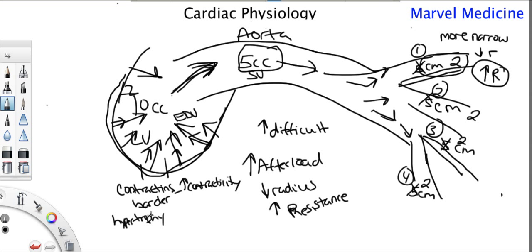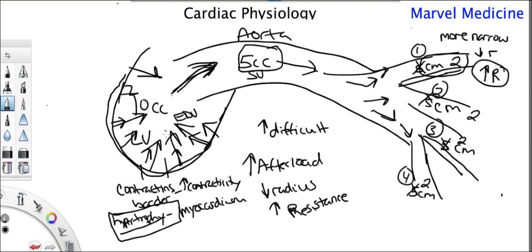Because my muscle is sensing that, hey, my bicep needs to be strong in order to be able to lift this 20-pound dumbbell every day. It's getting used to it. So it hypertrophies. It gets bigger. Now remember, muscle cells do not replicate. They don't increase in number. They just increase in size, which is hypertrophy, right? Well, the myocardium does the same exact thing.